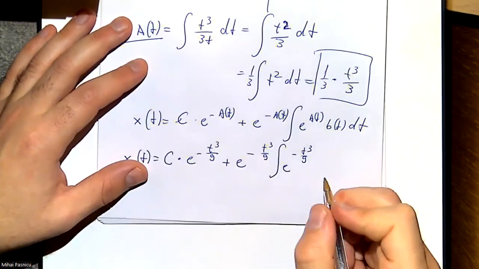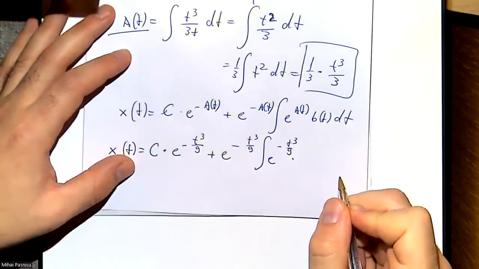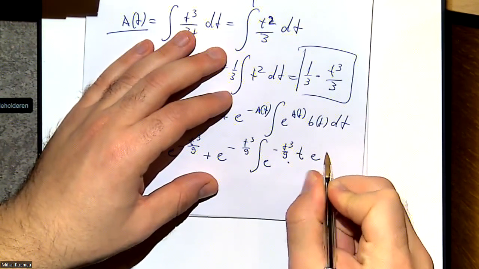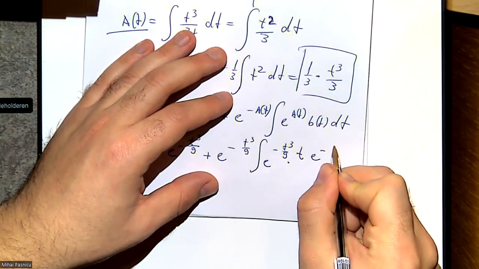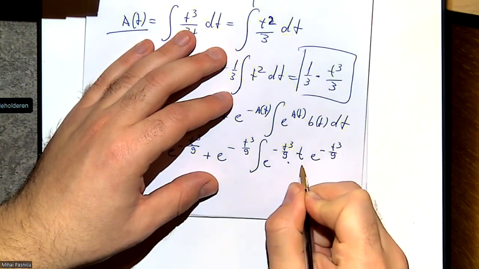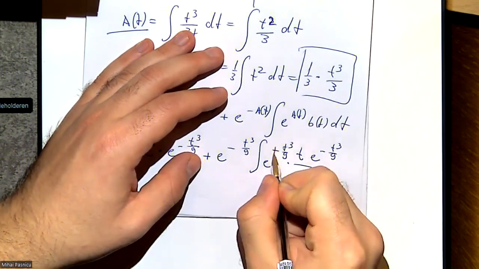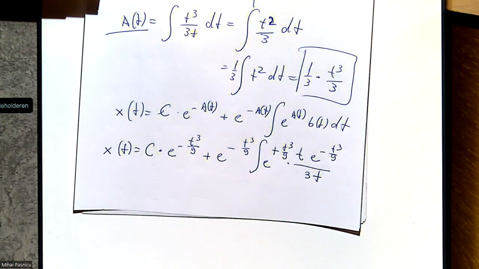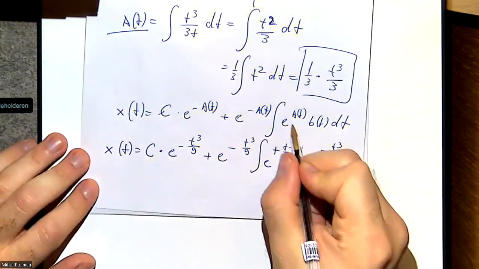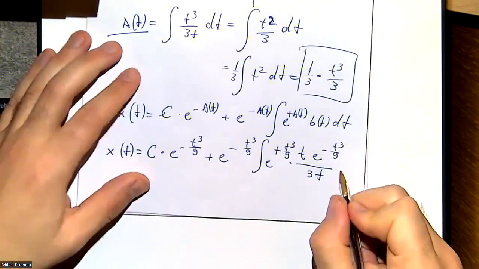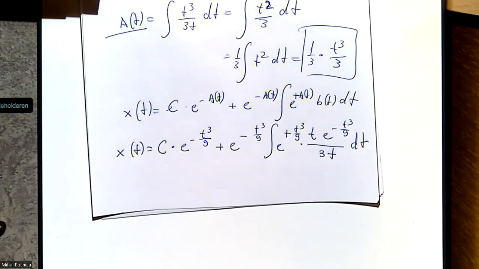And what is my b(t)? My b(t) is just t e^(-t^3/9) over 3t. Sorry, there's a plus here. There's no minus here. Apologies for that. It's a(t) here. It's plus here. I don't know where I created the minus from. Okay, dt.